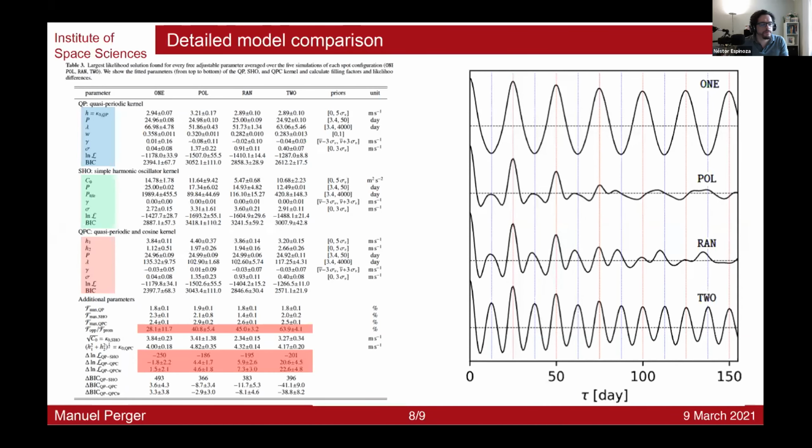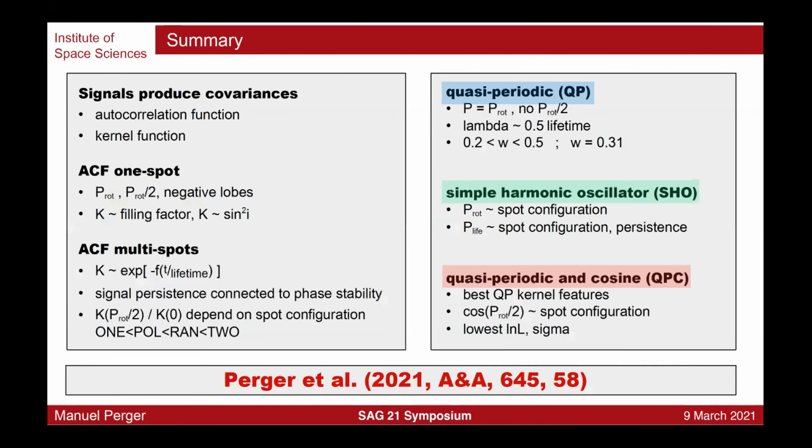So to sum up, single spots produce covariances, and we can see those then in the autocorrelation function. If we look at the autocorrelation function of just one spot model, we can see the periodicity at the rotational period. We can see that it is 0 at half the rotational period, and we can see those characteristic negative lobes.